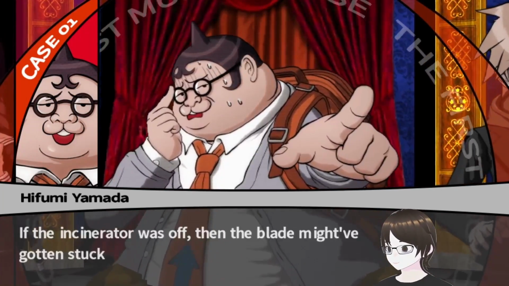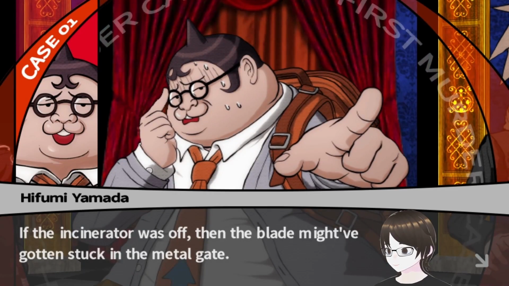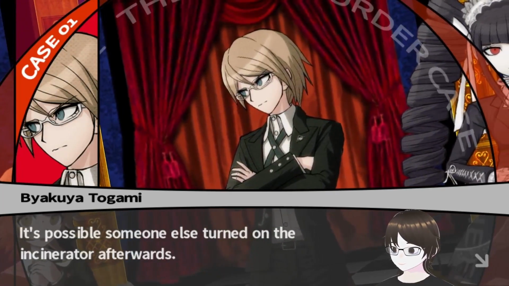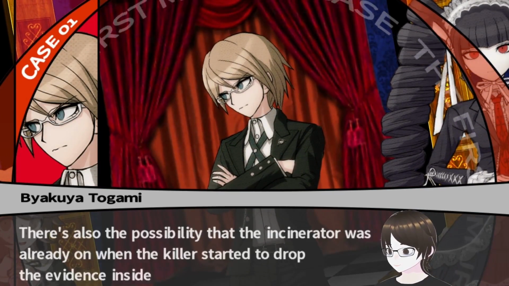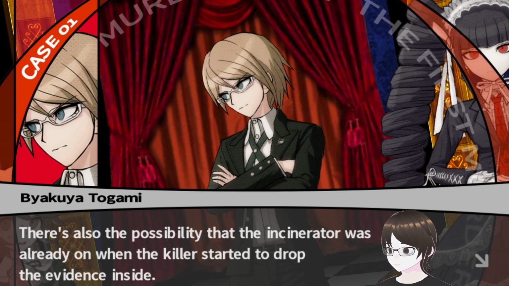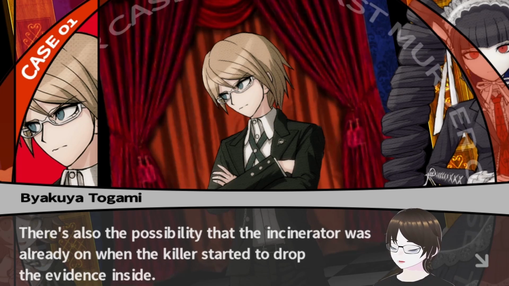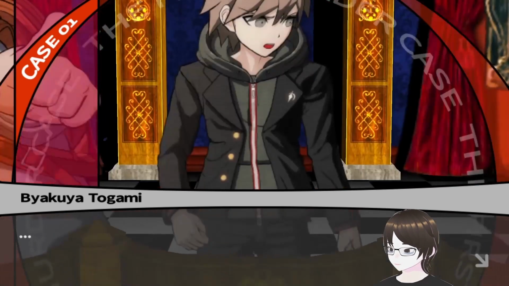If the incinerator was off, then the blade might have gotten stuck in the metal gate. It's possible someone else turned on the incinerator afterwards. Yeah, likely even. There's also the possibility that the incinerator was already on when the killer started to drop the evidence inside. True, but I wouldn't think the incinerator would be left on unless someone lost the key.